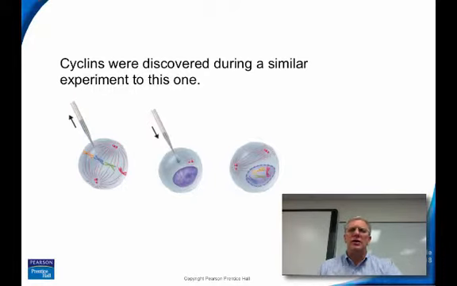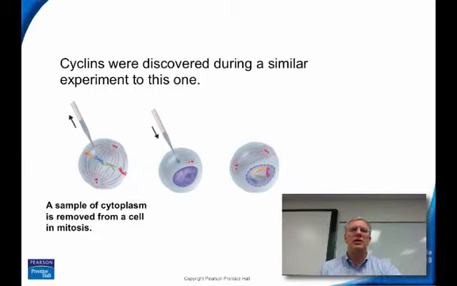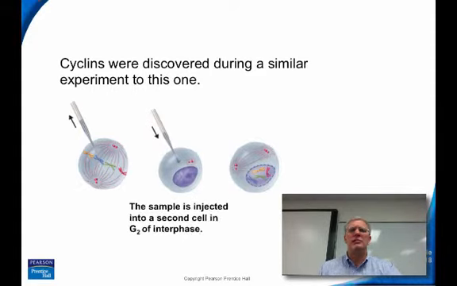They took a cell that was already in mitosis and they withdrew some of its cytoplasm, not knowing what might be present in it that was causing it to undergo mitosis. And they took that cytoplasm and injected it into a second cell that was not in mitosis. It was actually in interphase during the G2 stage of it.